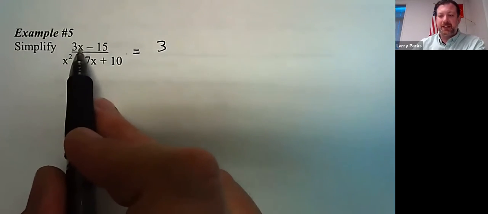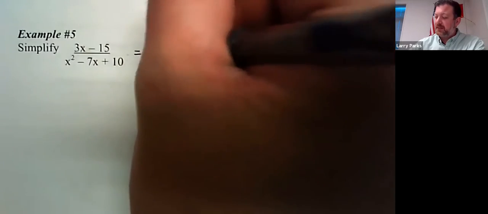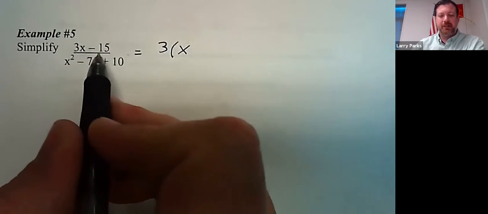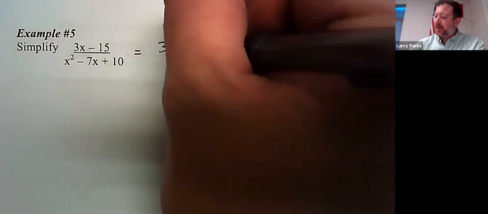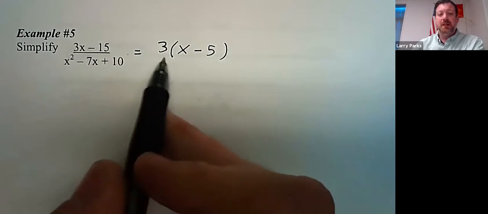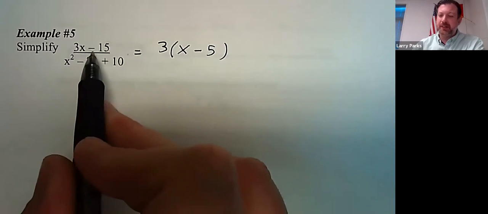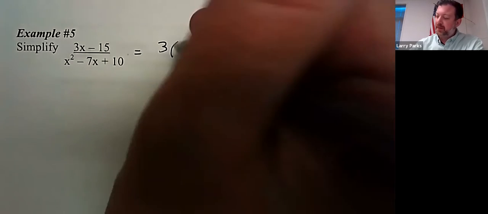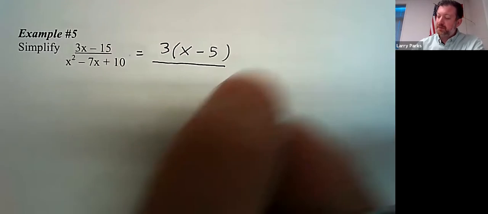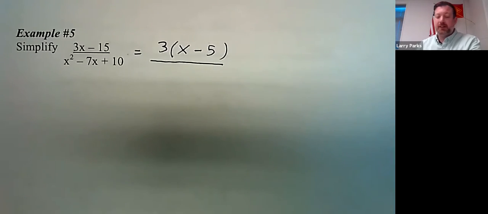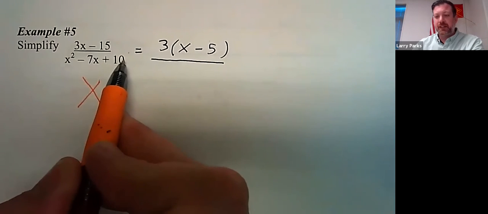3 from 3x is just x. 3 from 15 is 5. Because 3 times x is 3x, 3 times negative 5, negative 15. In the denominator, I have 1, 2, 3 terms.